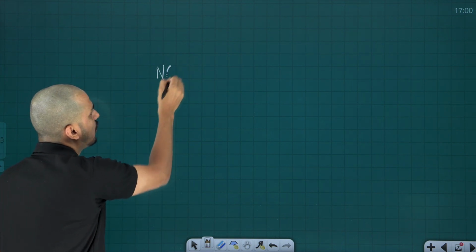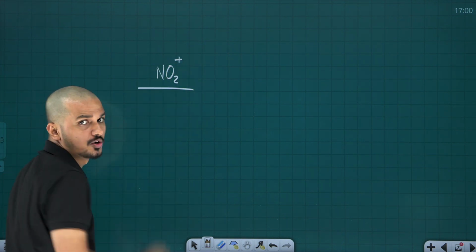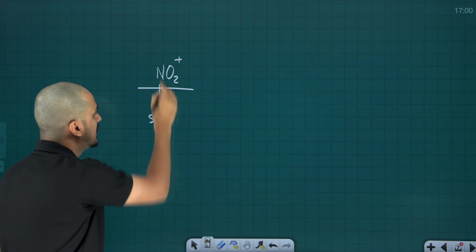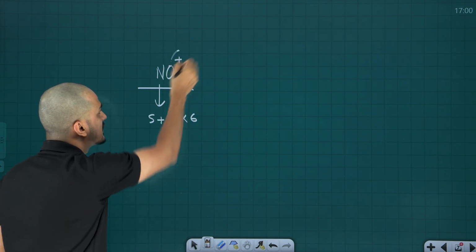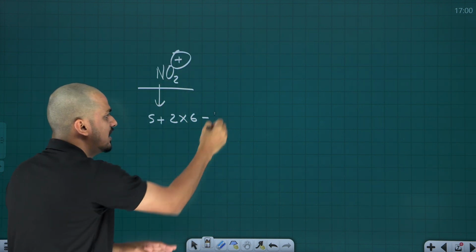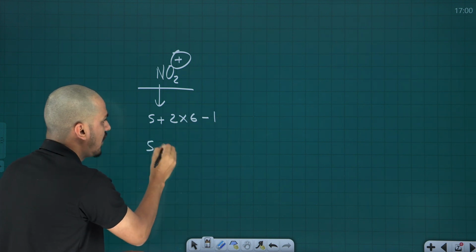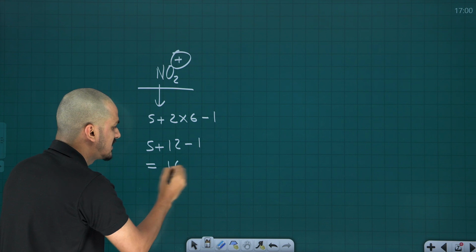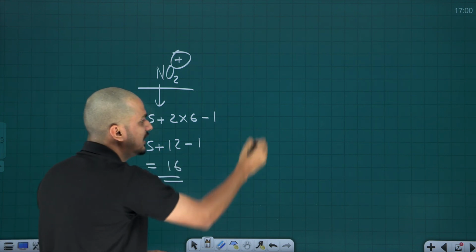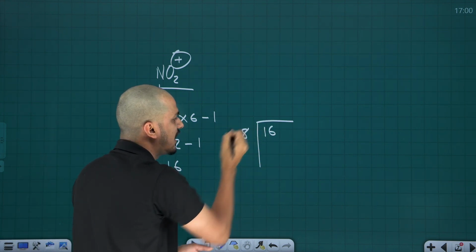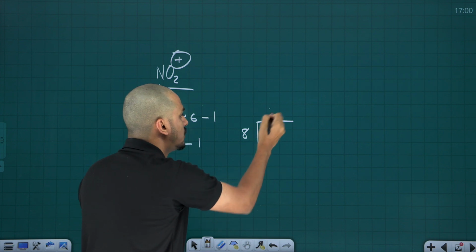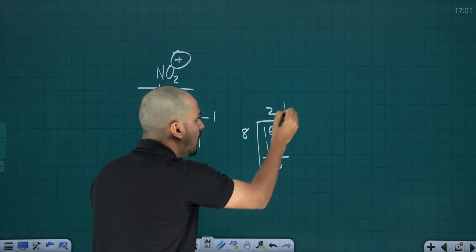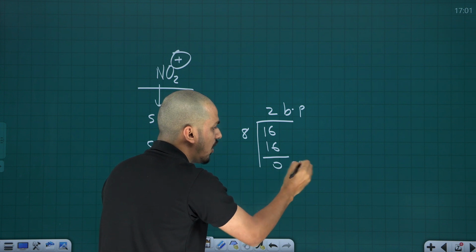NO2 plus, how can I calculate? In the case of NO2 plus, nitrogen valence electron is 5. Oxygen is 2 into 6. Plus means 1 electron is missing, we remove 1 electron. So 5 plus 2 into 6 means 12, minus 1 means 16. 16 divided by 8, 2 8s are 16, remainder is 0. 2 bond pair, 0 lone pair.